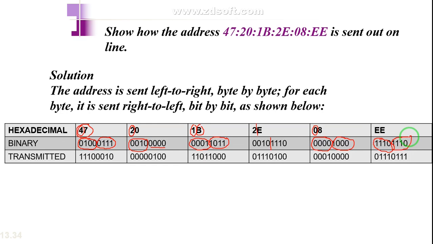It is transmitted left to right, byte by byte. It means what? First, which byte would be sent? First, this byte would be sent. And next, the second byte would be sent, because the address is sent left to right, byte by byte.